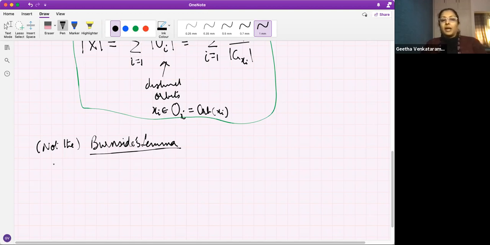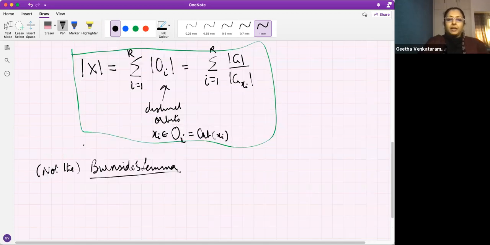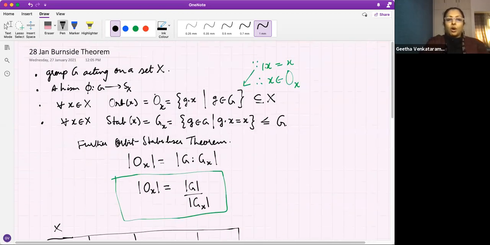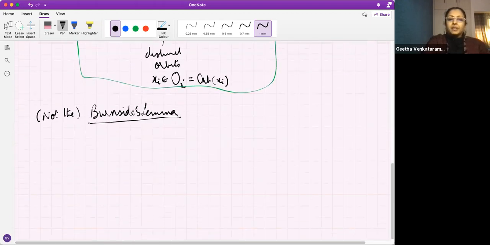But before I tell you about Burnside's lemma, I'm going to introduce one more set. Above, orbit and stabilizer were all defined via an element of X. But this time, we are going to take an element g in G and use it to define something.